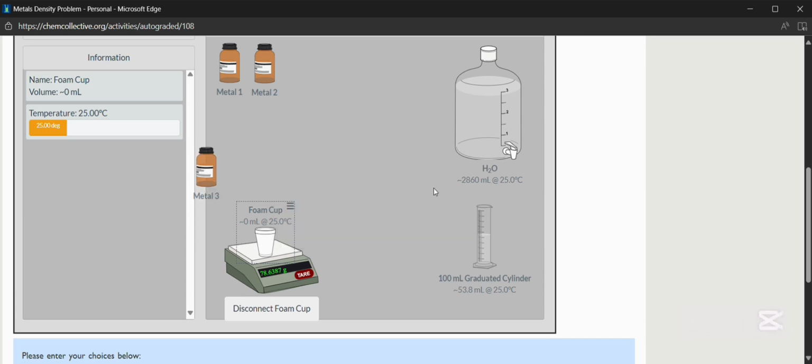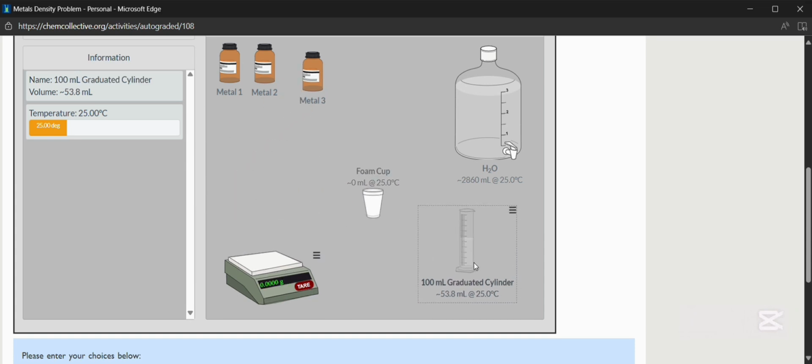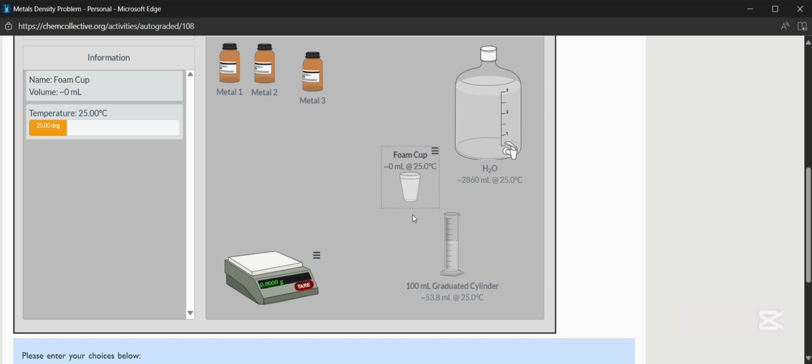So now we're going to remove it. And now we're going to pour it in our graduated cylinder. But first, we need to take the initial volume of that cylinder, which was 53.8 milliliters. And now we're going to pour.